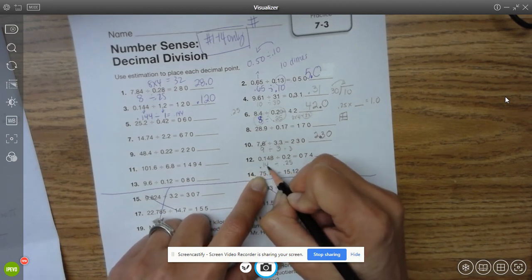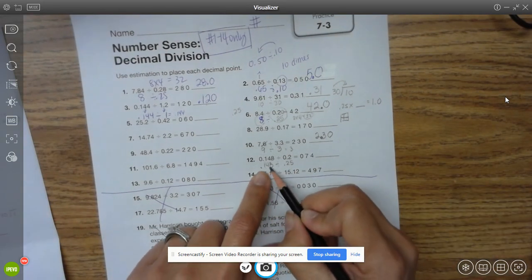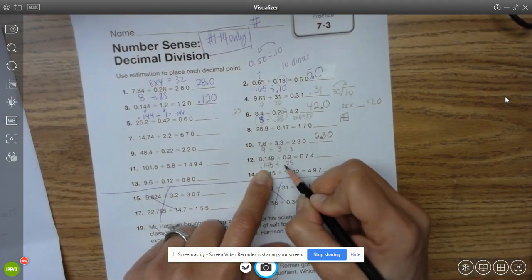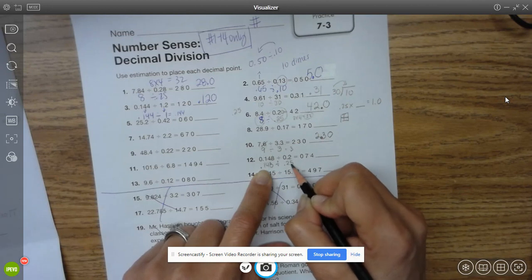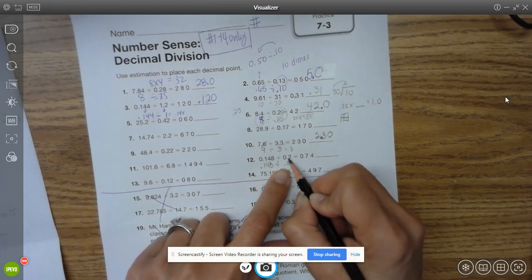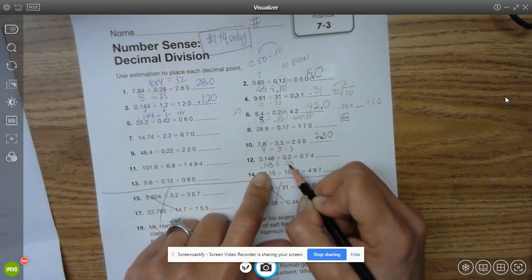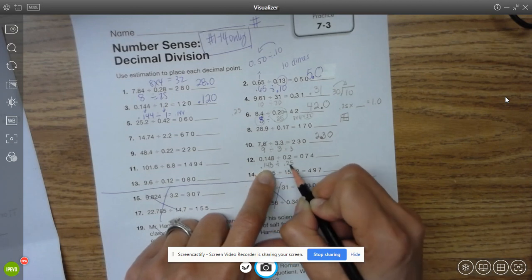So if I just leave my decimal here, I want to look at this. I have a decimal, and I'm dividing it by a decimal. This is less than the number 1. This is also less than the number 1. So if I were to compare these two, if I'm dividing a decimal into this number, and they're fairly close in value, right?